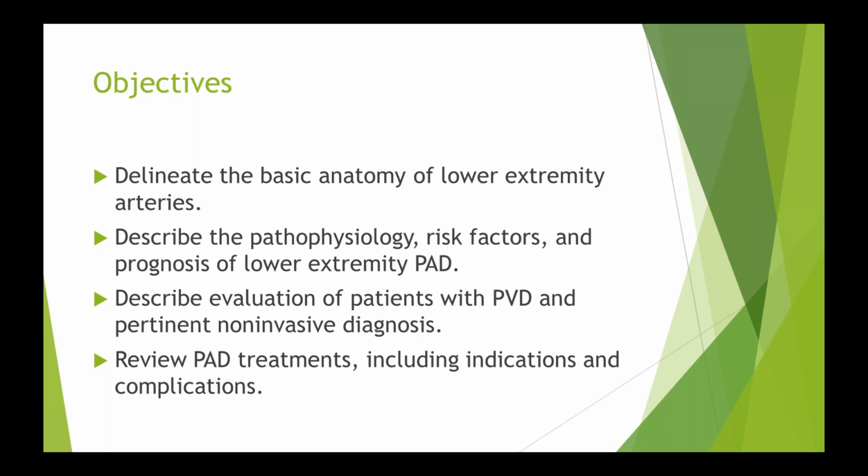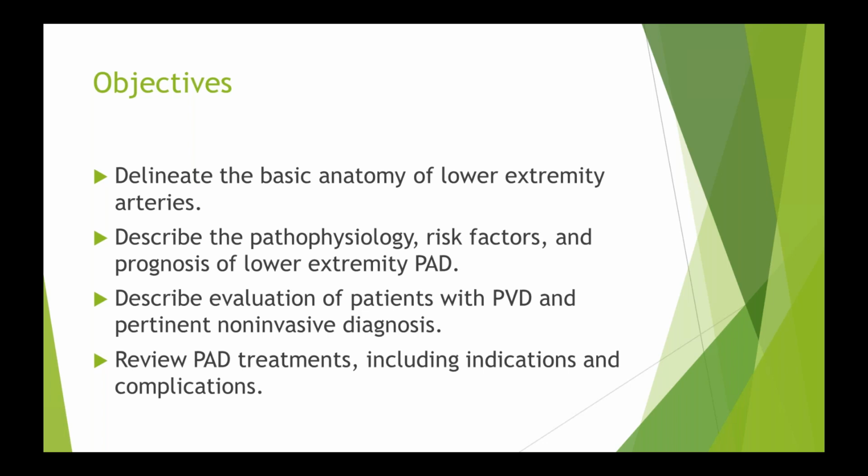So tonight, we're going to have a few objectives for the webinar. Our number one objective is to delineate the basic anatomy of the lower extremity arteries. Second objective will be to describe the pathophysiology, risk factors, and prognosis of lower extremity peripheral arterial disease.